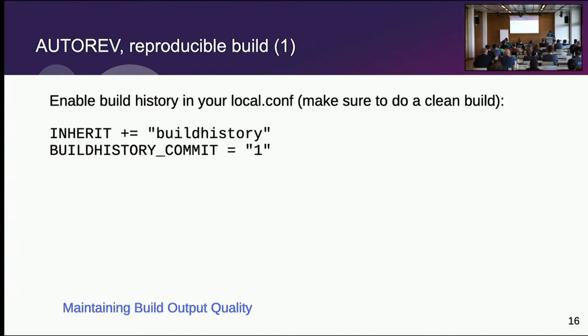So what can we do? We have a build history plugin. It can be enabled by inheriting the buildhistory class and setting BUILDHISTORY_COMMIT to 1. There's a link with more documentation about what actually happens when you enable that and the build artifacts you get.